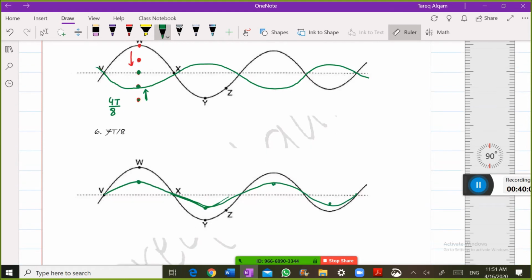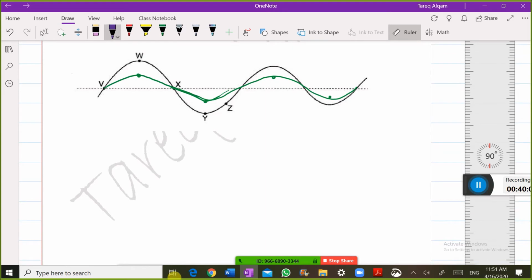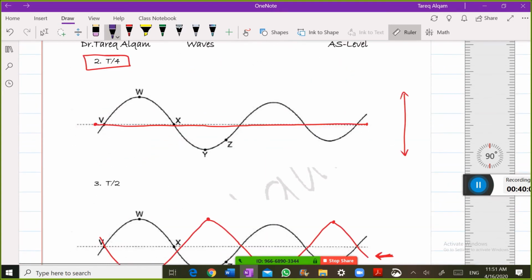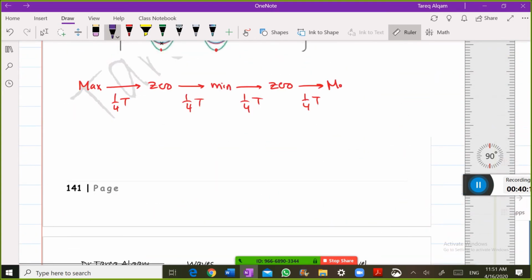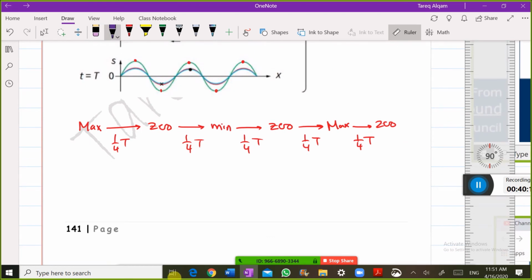First of all, if it starts with maximum position, after quarter period it will be 0. After another quarter period the string will be at its minimum position, right? Then 0, then maximum, then 0. And here we have to consider one point.